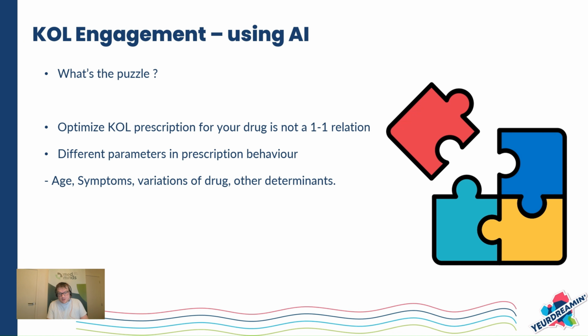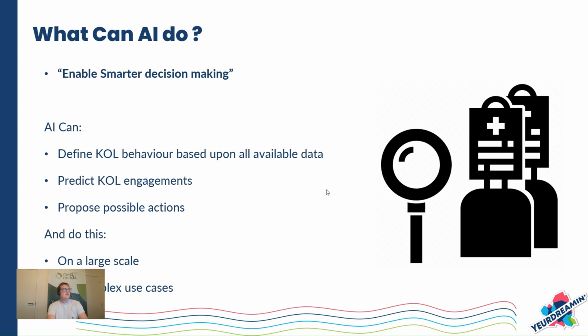And based upon all of that data, if you have those data sets, if you are investing in it to build it up, then you want to have the value of it. And the value of it is, of course, that AI can search and work its way through all of that available information to make you identify the KOL's behavior, his current behavior.